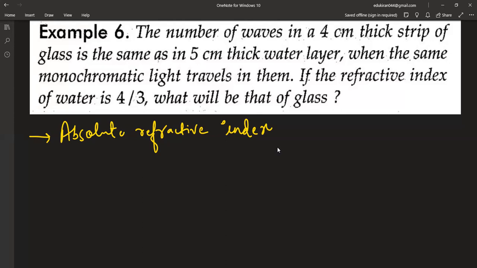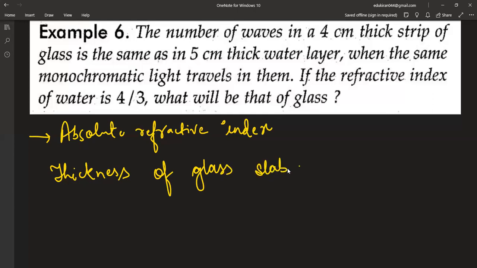What is the thickness of the slab given? The number of waves in a 4 centimeter thick strip of glass is the same as in 5 centimeter thick water. That is the thickness of glass slab, given as 4 centimeters.